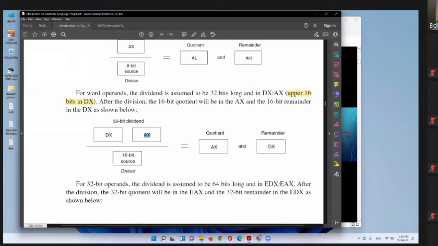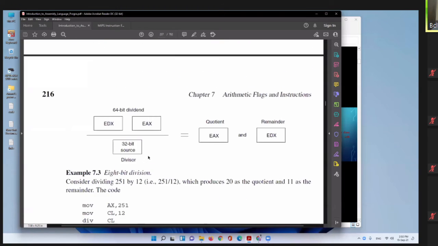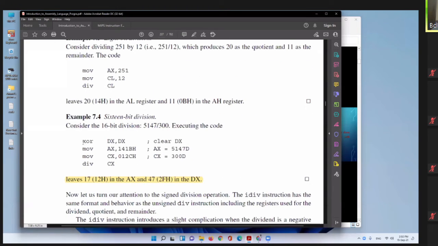Then what are we going to store into DX? 0, correct. If we want to make the DX 0, how can we do that? We can XOR it with itself. For example, in the DX, there may be some garbage value or no value. If you XOR it with itself, then it will be all 0. Okay, sir, I understand.